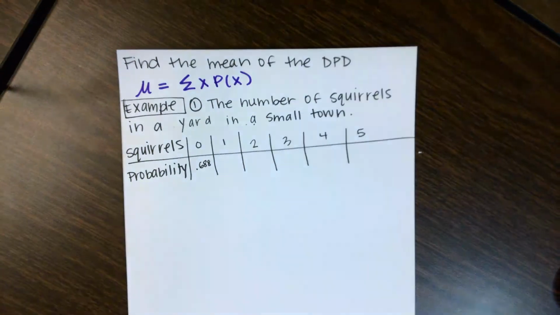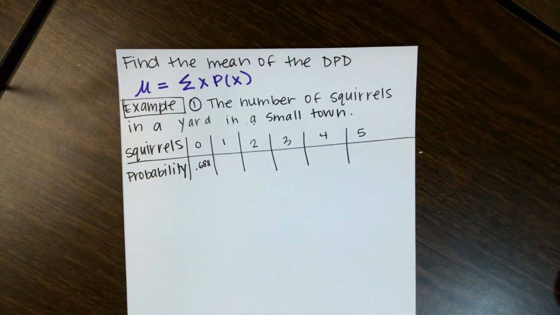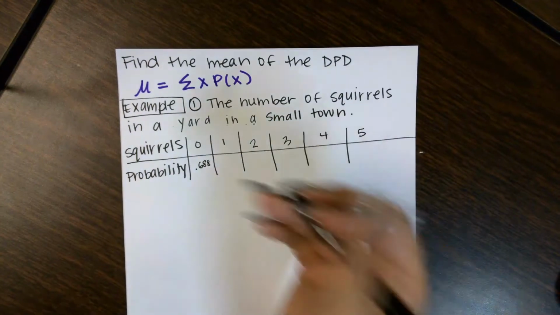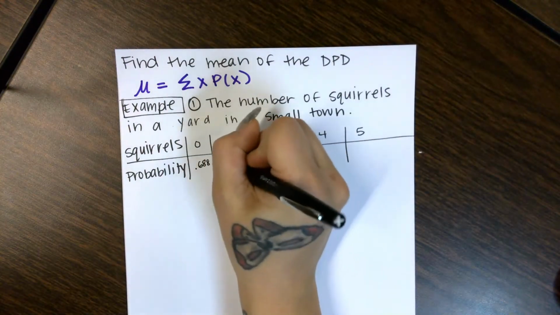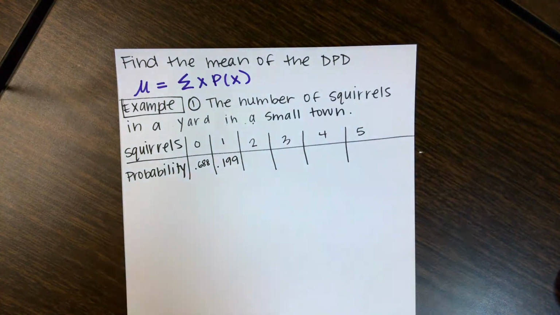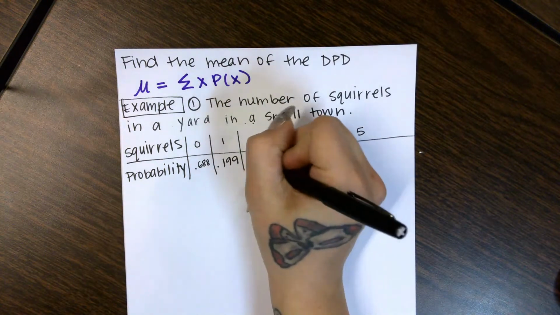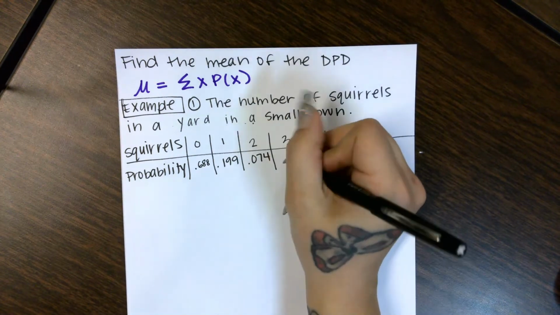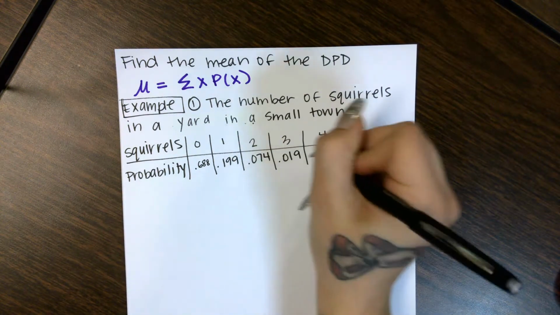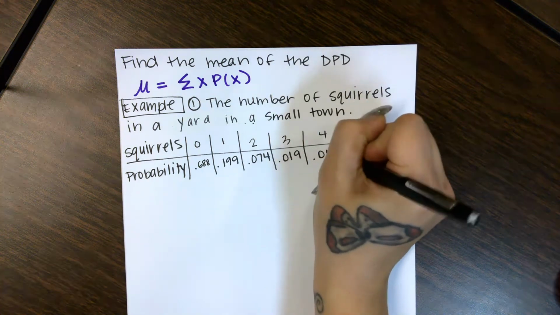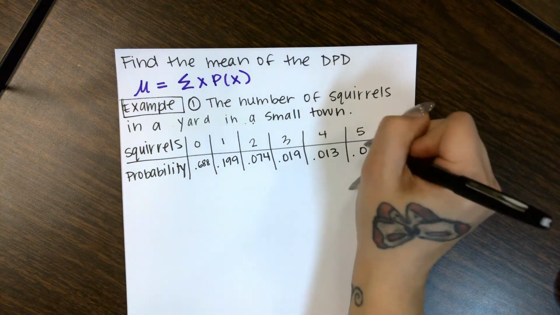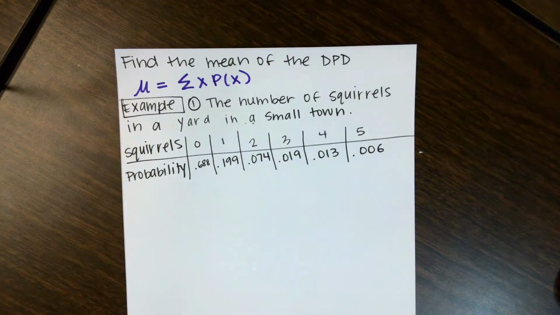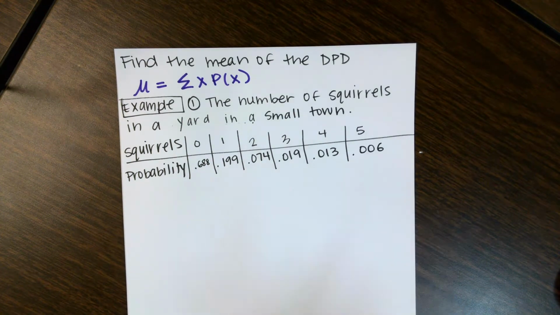Sorry, it's so small. 0.688 is the probability that you randomly select a house and it has none squirrels in the yard. 0.199 that there's 1 squirrel in the yard. 0.074 for 2 squirrels. 0.019 for 3. 0.013 for 4 squirrels, and 0.006 that a yard in a small town has 5 squirrels in it, which makes sense because that's a lot of squirrels.